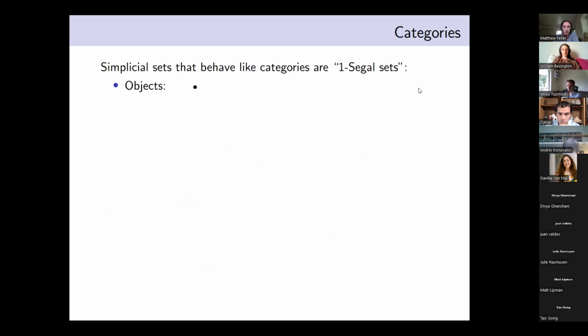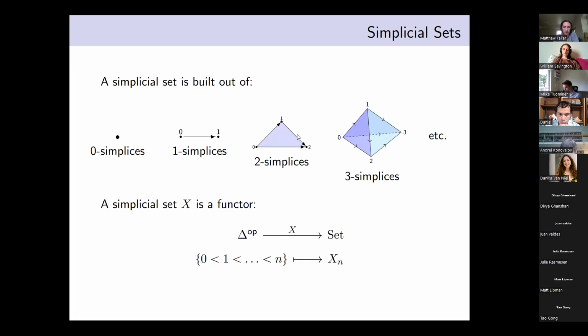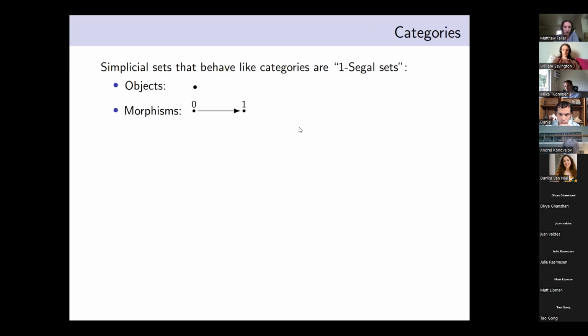When you have a simplicial set, the picture might already be suggesting this: you can sometimes view your simplicial set as being like a category, where your zero simplices are your objects, your one simplices are your morphisms.